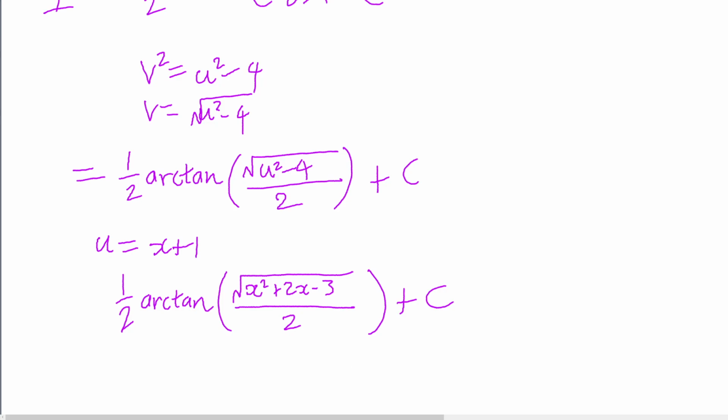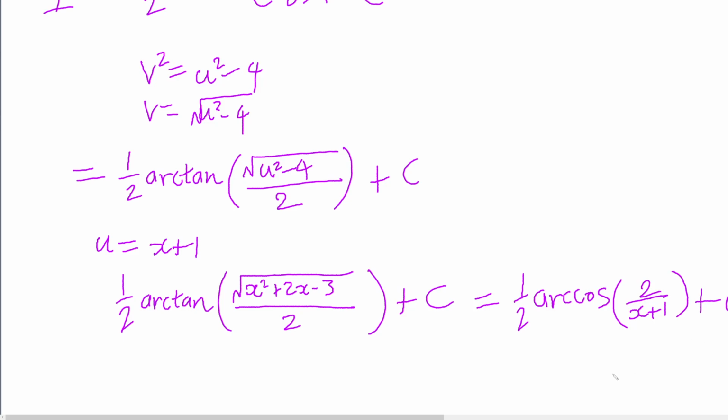You can integrate something 2 different ways and get 2 different results. The other answer that we got for this integral was 1 over 2 arccos of 2 over x plus 1, plus c.